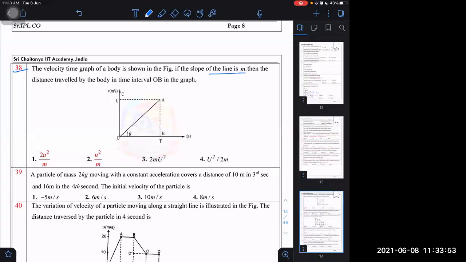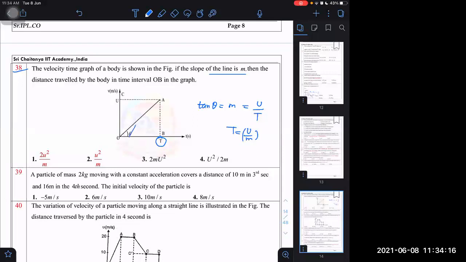Slope of the line is given as m. Means what is given to us? Tan theta is m. We are noticing the answer is not in terms of t. So I have to write it as tan theta is u by t. What is t? t is u by m.